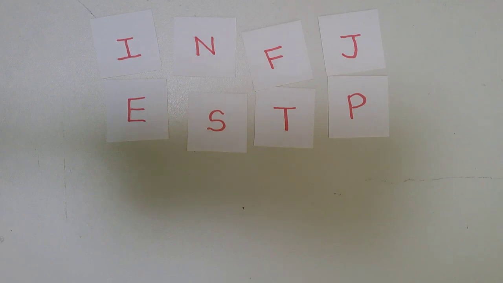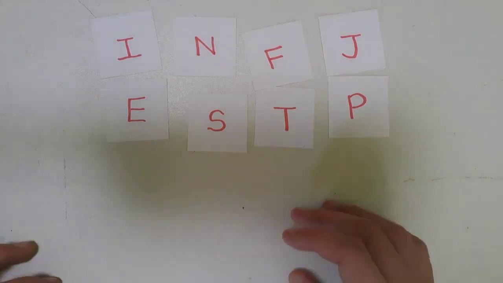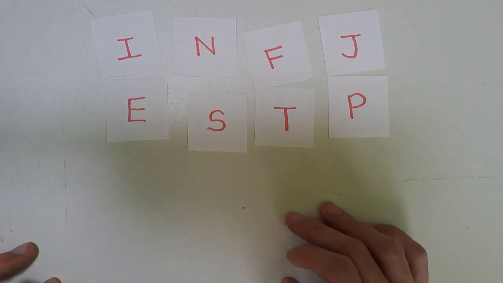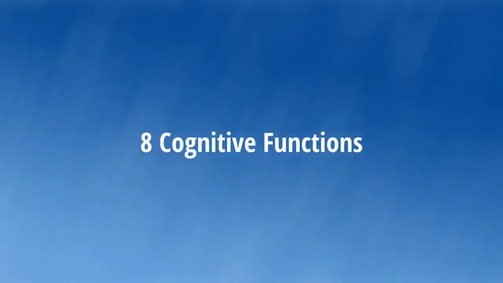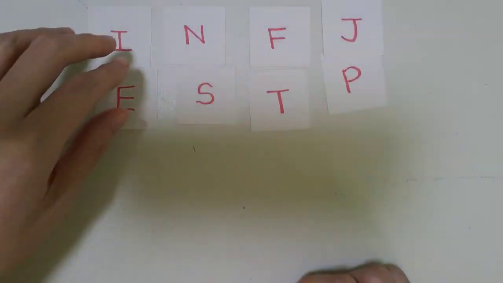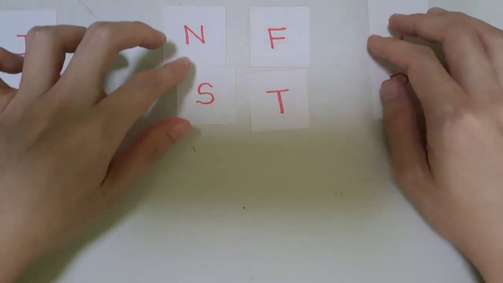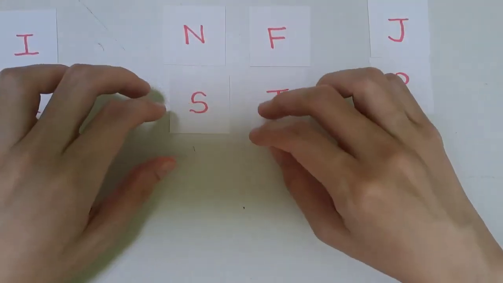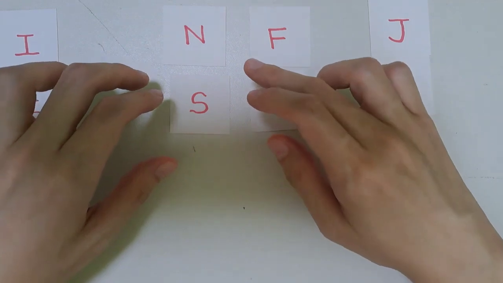In this video, I'm going to talk about the cognitive functions, but I'm going to give a simple overview of the functions. I'm not going too much in depth, or some of the personality types are going to fall asleep watching this video. So there are 8 cognitive functions in total. If you just take a look at the N, S, F, T, they are both introverted and extroverted functions.